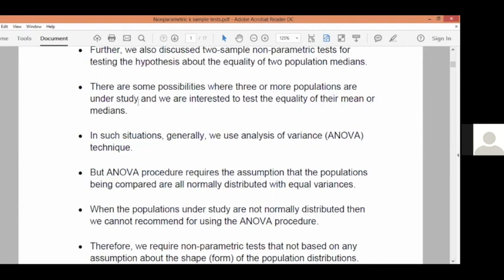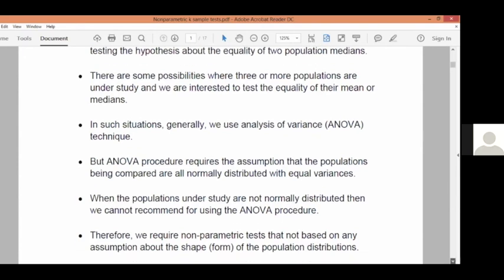The case we have to work on, which test is appropriately used, that is most important. For that we are interested in testing the equality of their means or medians, because we have more than two populations. In such situations we generally use analysis of variance. You might be aware that the ANOVA procedure requires the assumption that the populations being compared are all normally distributed with equal variances.